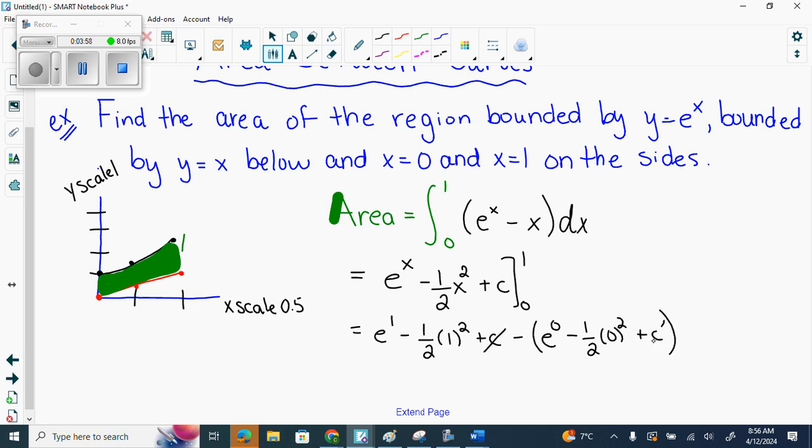E to the 1, you can't make any prettier. It just stays e, because 2.718, blah, blah, blah. Minus 1 half. What's e to the 0? What's anything to the power of 0? 1. So you're going to go minus 1. And then a 0, and that's gone. So you end up with e minus what? 3 halves.